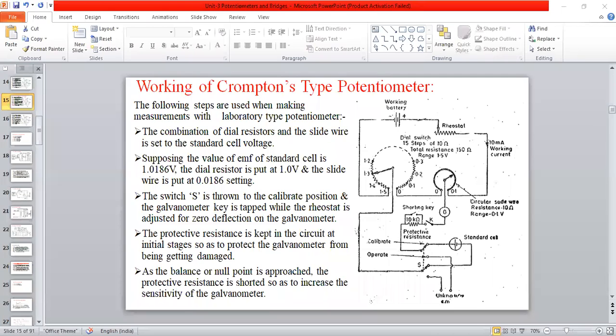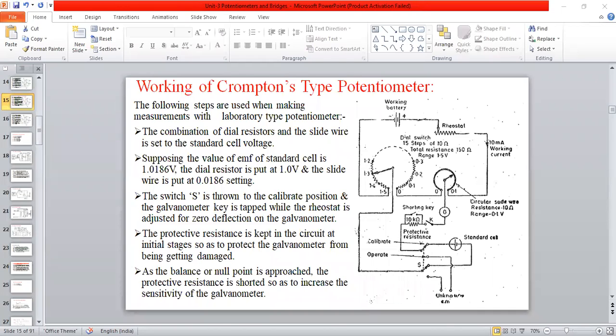Okay. So in the last class, we discussed the construction of the laboratory type potentiometer. Is the slide visible now? Yes, sir. In this one, the main dial switch is there.